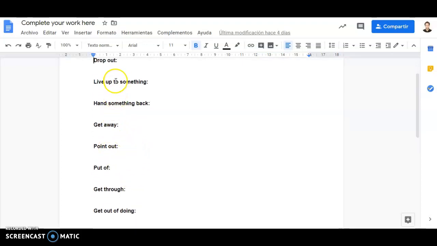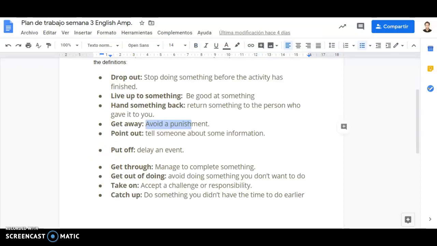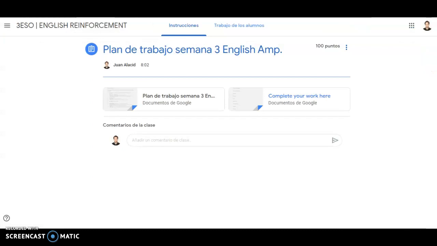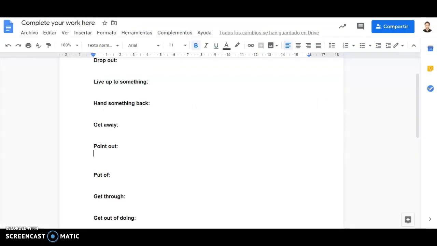You have the different phrasal verbs, and we will, for example, take point out. If we go to the definition of point out, it says tell someone about some information, but it's when you are trying to be more specific. I have been really specific when I said that you do not have to send me any email. So I point out that you do not have to send me any email.